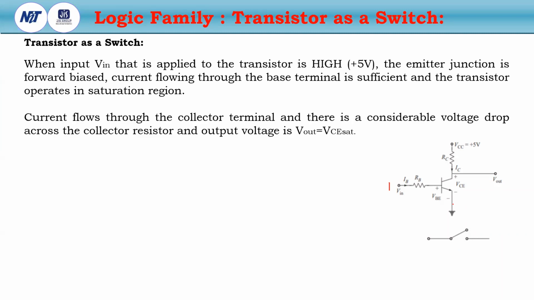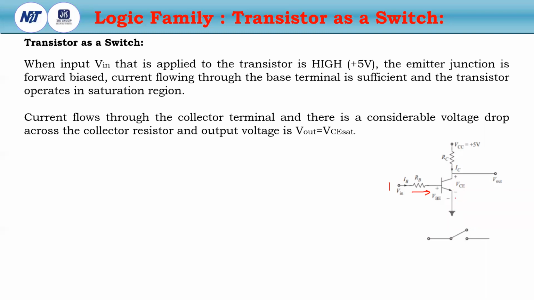So the current flowing through the base terminal is sufficient, and the transistor operates in saturation mode, because the base emitter junction is forward biased, and the collector emitter junction is also forward biased.